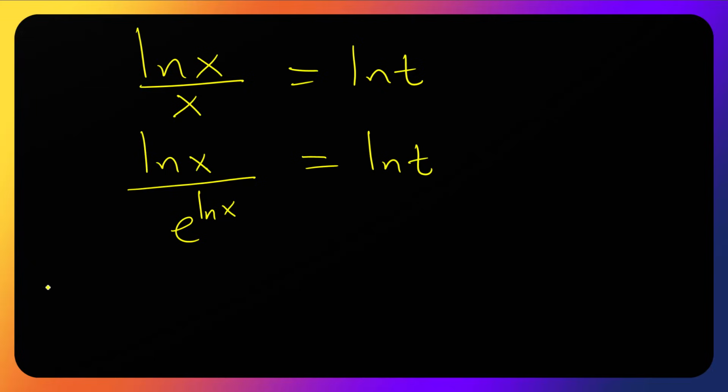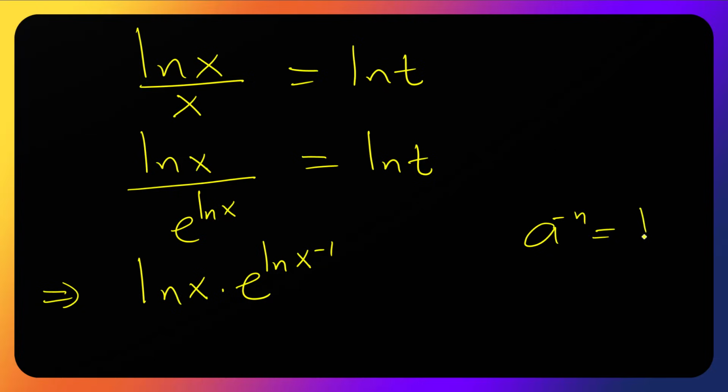Now the next thing is to write this one in linear form. So that will be ln of x times e raised to ln of x to the power minus 1. Just as a to the power minus n is the same as 1 on a to the power n, this equals ln of t.